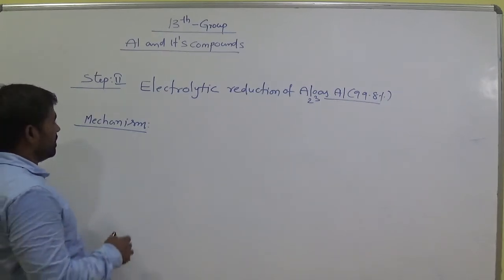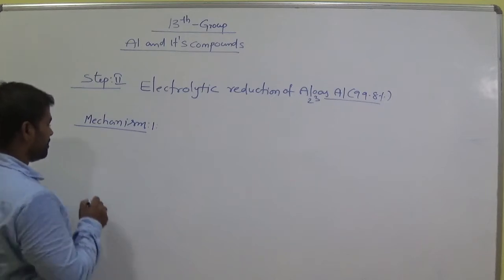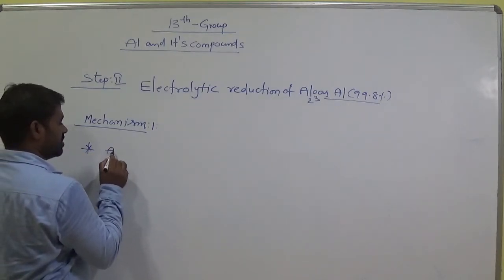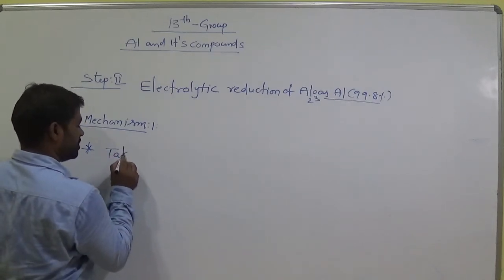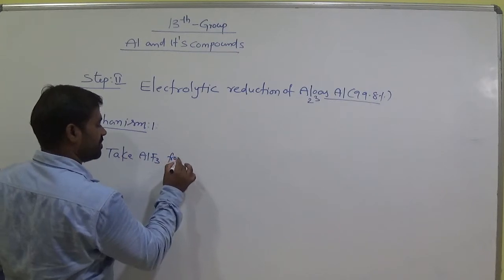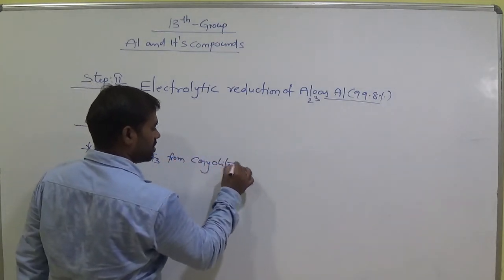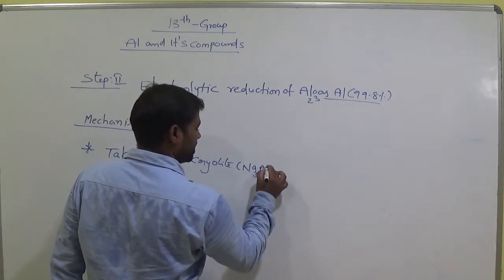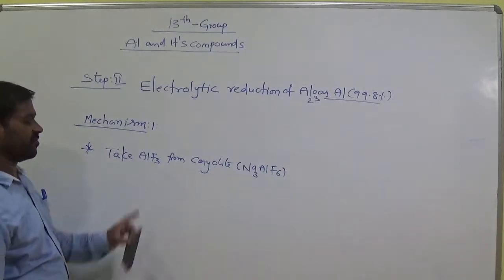In mechanism 1, take AlF3 from cryolite. What is cryolite? Na3AlF6. From this compound you should take aluminium trifluoride.